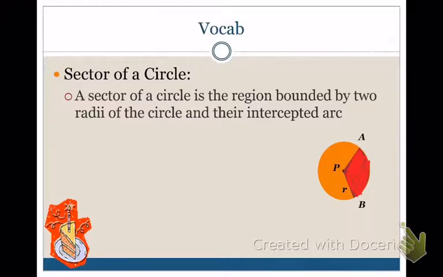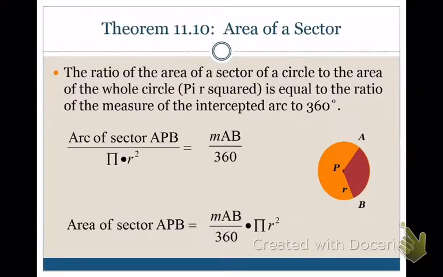That's a sector, and this is a radius, that's a radius, this is the arc, and that's what the definition's talking about. Now, because it's a piece of the area, then just like the arc length, the sector can be compared to the area, and when we do that, it needs to be equal to comparing the measure of that arc to the whole circle, 360 degrees.